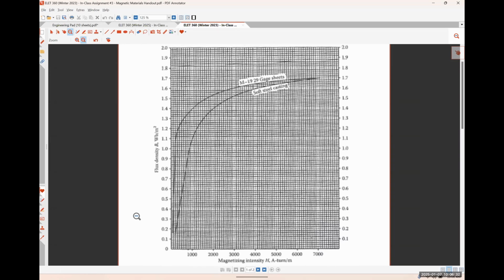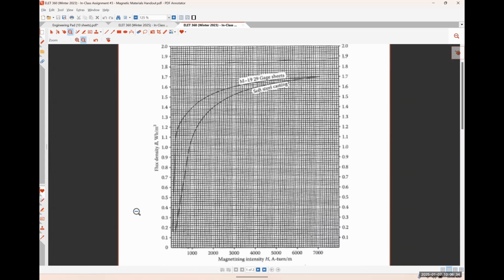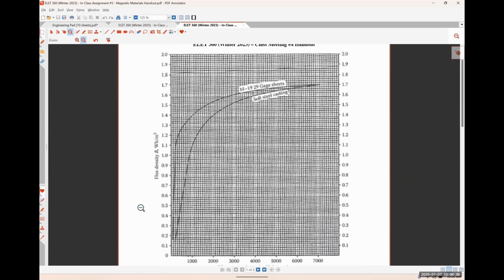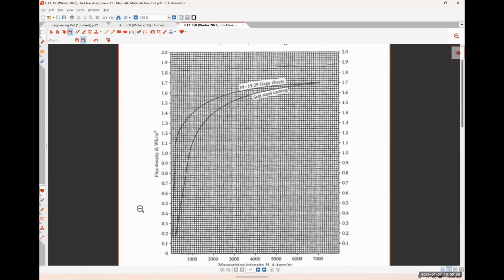This is a magnetization curve that I pulled from a particular textbook for M19 29 gauge steel sheets and then a soft steel casing.